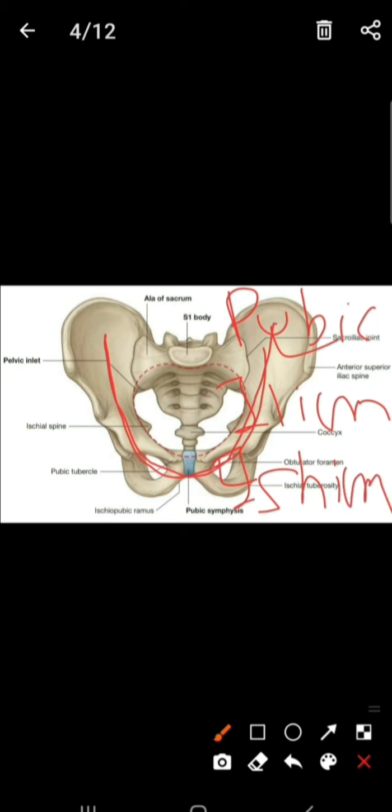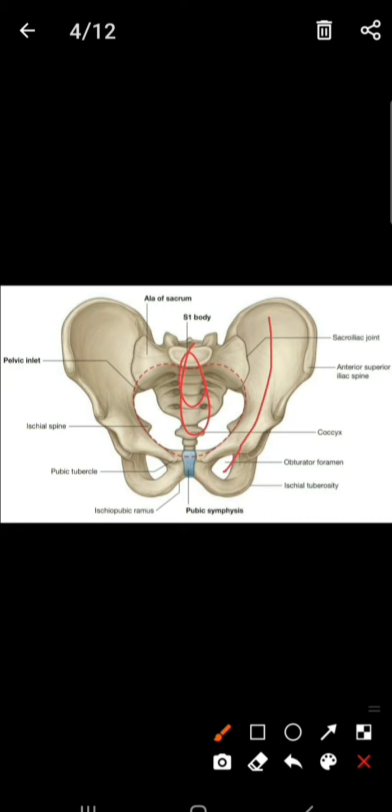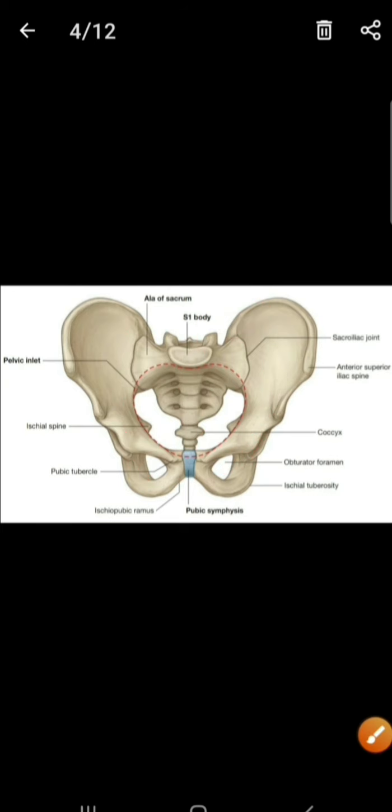It consists of 3 bones, and after some time they fuse and form a single bone, the hip bone. In between the hip bones is the sacrum. There are 2 hip bones: this is the right hip bone and this is the left hip bone. And this is the sacrum. There are 5 sacral bones, but after some time they fuse and form a single bone.